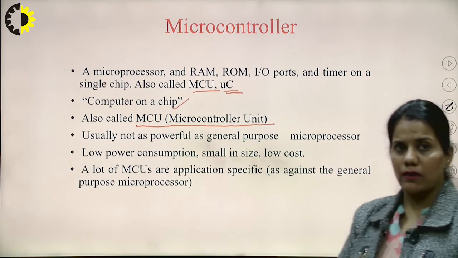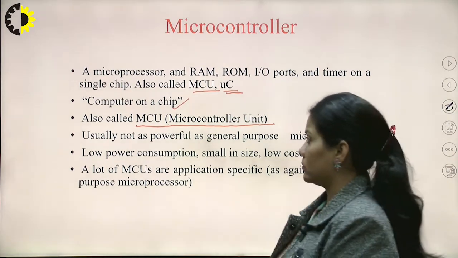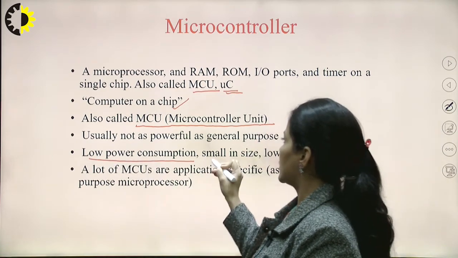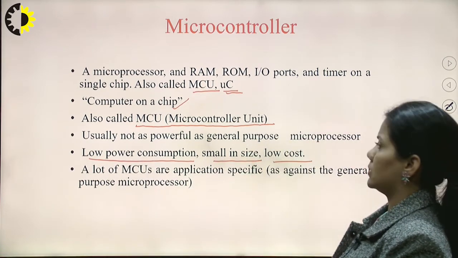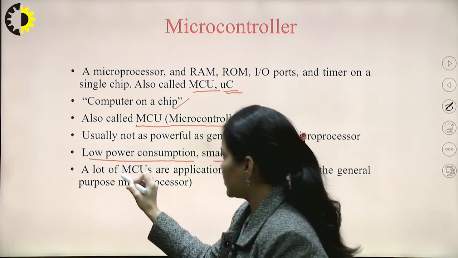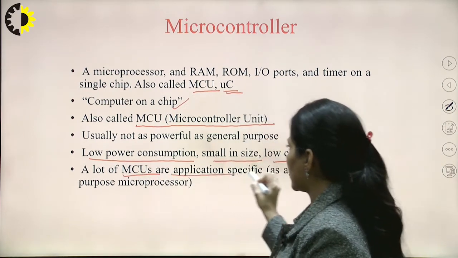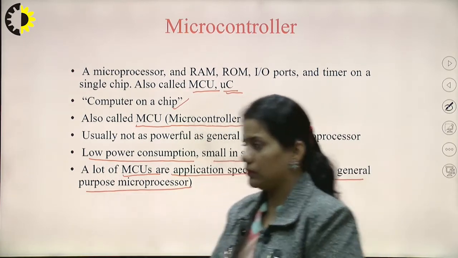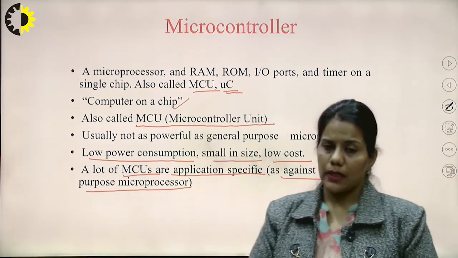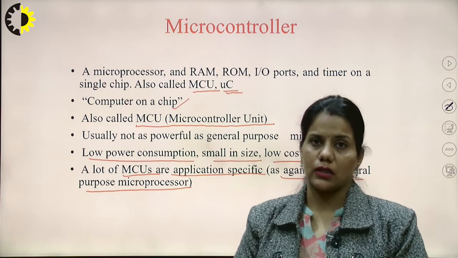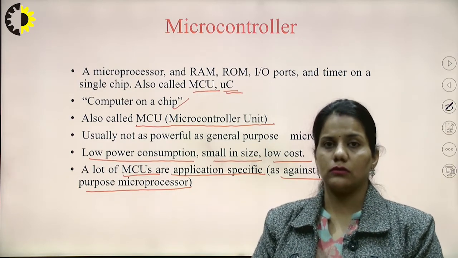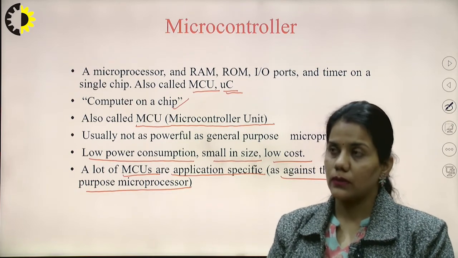It is usually not as powerful as a general purpose microprocessor. It has low power consumption, small size, and low cost. A lot of MCUs are application specific, as against the general purpose microprocessor. A microcontroller has a certain amount of memory and a certain amount of input-output ports.